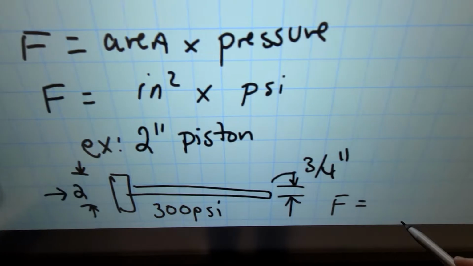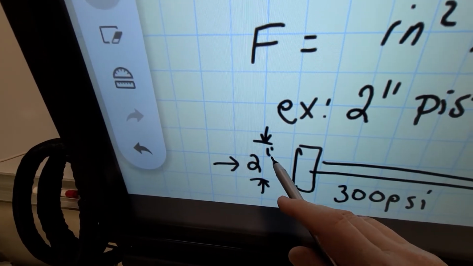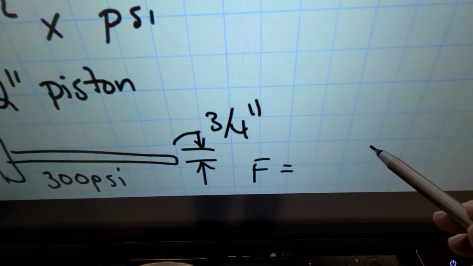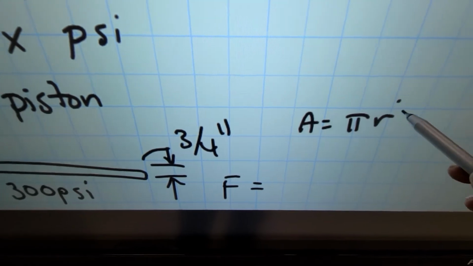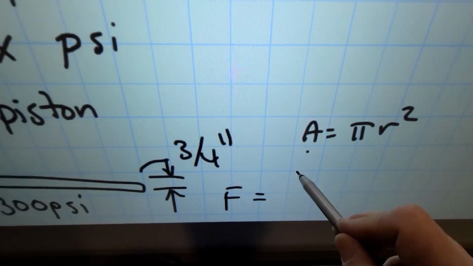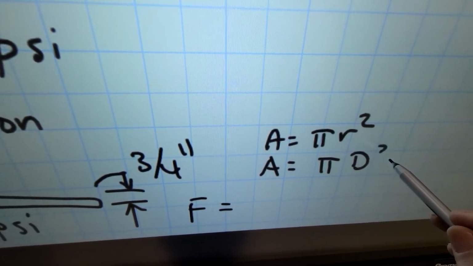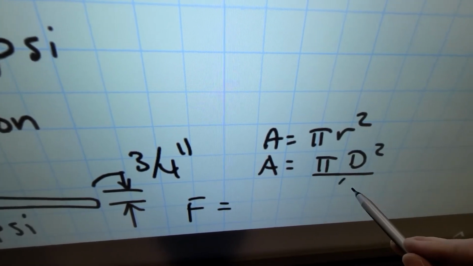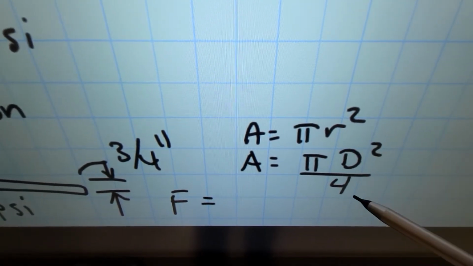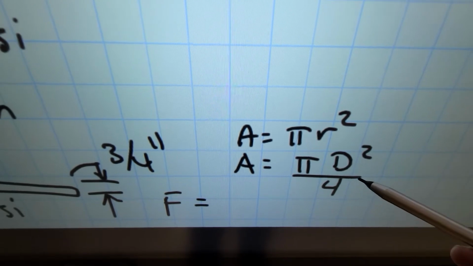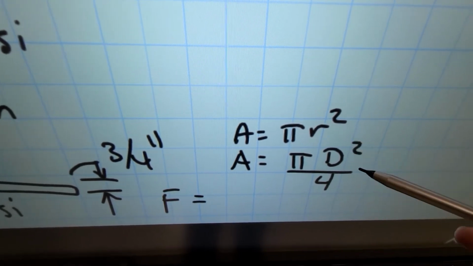So my force, F, will be area times PSI. So the area of a 2-inch diameter piston, there's two equations you can use. Area equals pi times r squared, or area equals pi times diameter squared over 4. Because diameter is twice the radius, or the radius is half of the diameter.